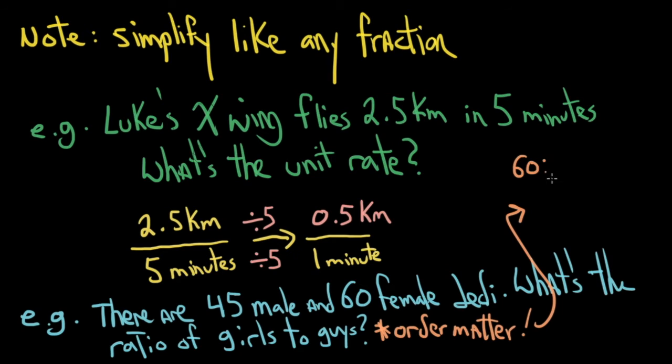Girls, 2. Remember the colon? It means 2. 45. Boom. Done. Are you done? No, because you remember what I said at the start here. Simplify. So you're going to simplify this. Now, if this looks a little bit confusing, remember this is the exact same thing as writing it as 60 over 45.